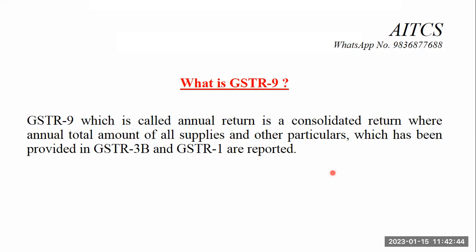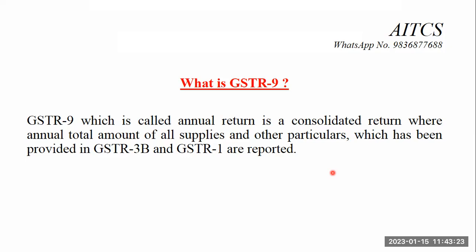For QRMP taxpayers, GSTR 3B and GSTR 1 are on a quarterly basis. For regular taxpayers, it is on a monthly basis. But the government wants a return where the consolidated figures shall appear at one place. That means it should not be in a scattered manner, monthly or quarterly. That is why GSTR 9 has been introduced.